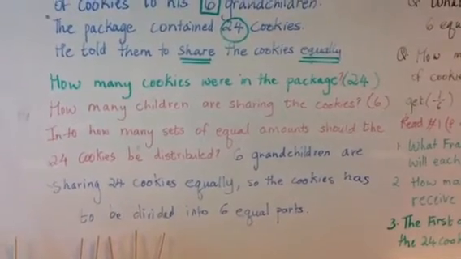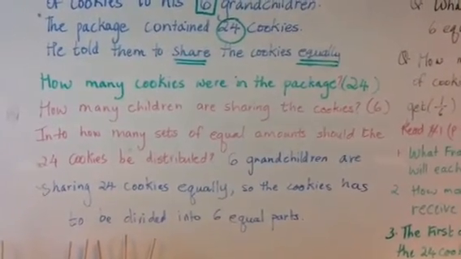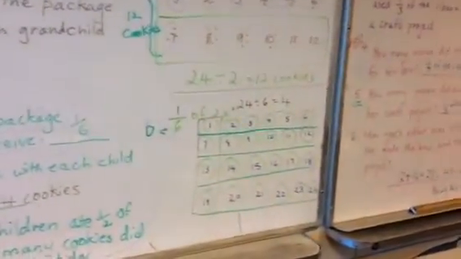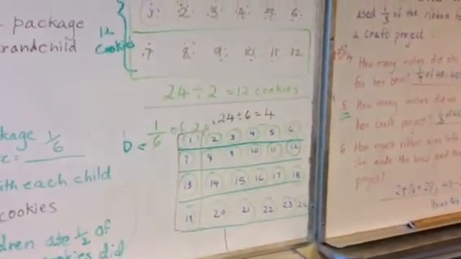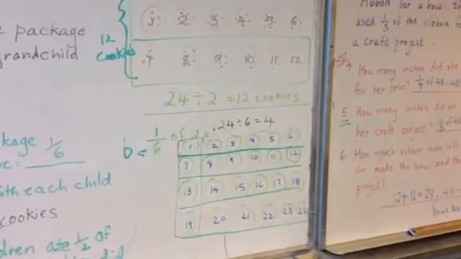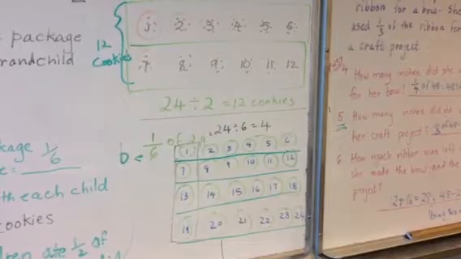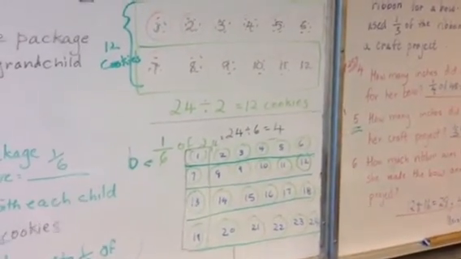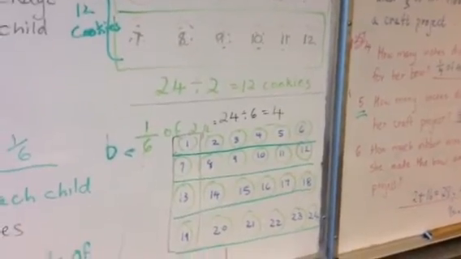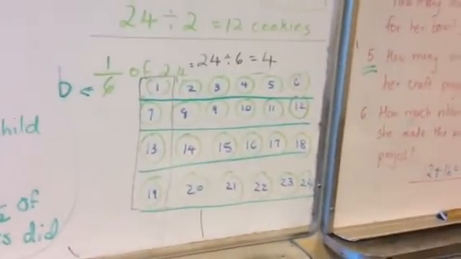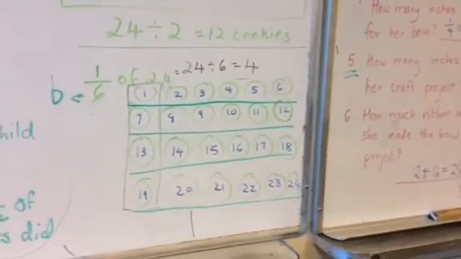And if you go over here, I made these 24 cookies. You draw pictures, it will help you. See, I made circles: 1, 2, 3, 4, 5, 6, 7, 8, 9, 10, 11, 12. Then I made 13, 14, 15, 16, 17, 18, 19, 20, 21, 22, 23, 24.